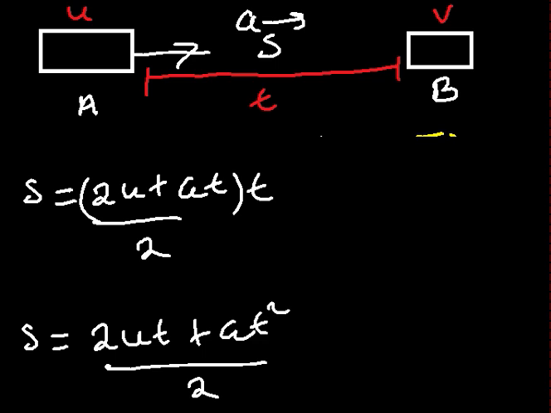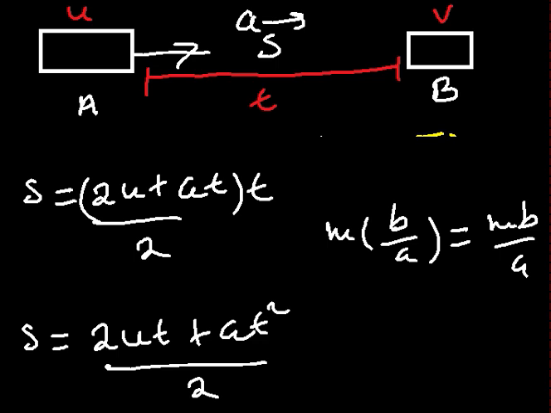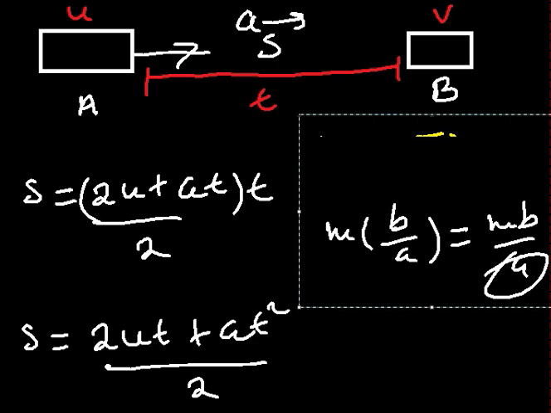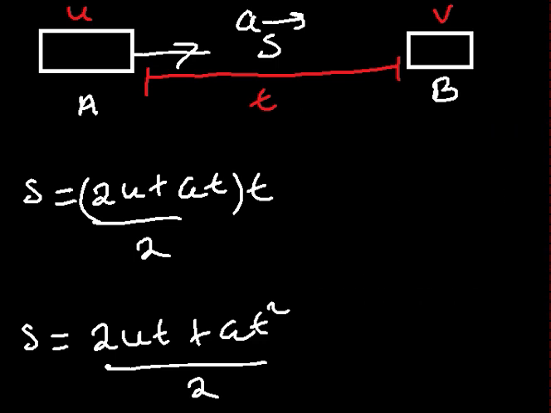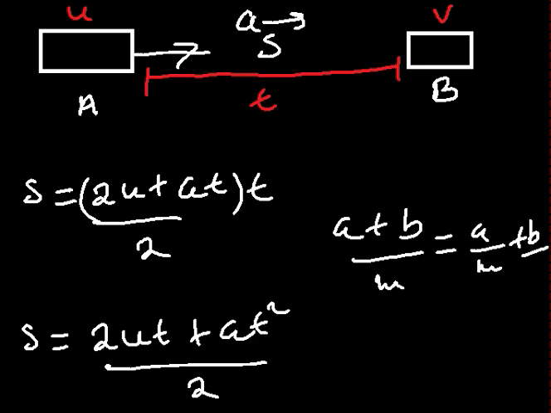And bear in mind that if we have, let's say, m times b over a, this is the same as mb divided by a, because some tend to confuse that the m will also be multiplied down here, which is incorrect. You should understand the principle that a plus b divided by m is the same as a over m plus b over m.